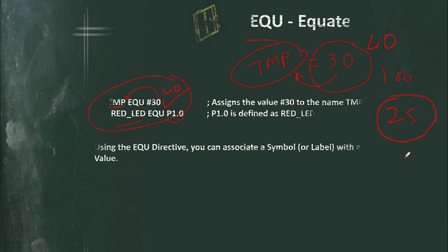If instead of equating, you had taken the 30 in these 25 lines, then you would have to replace all 25 lines by 40. By just changing this one equating statement, you can change all the numbers in those 25 lines. That is how we can make use of equate in a program.